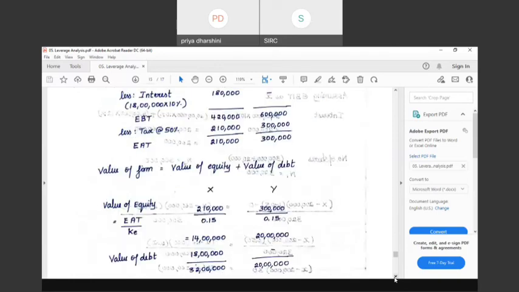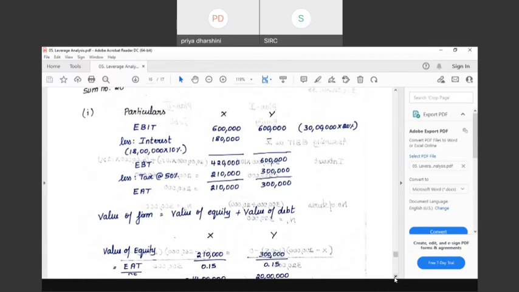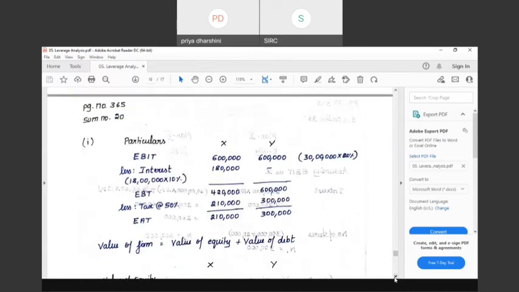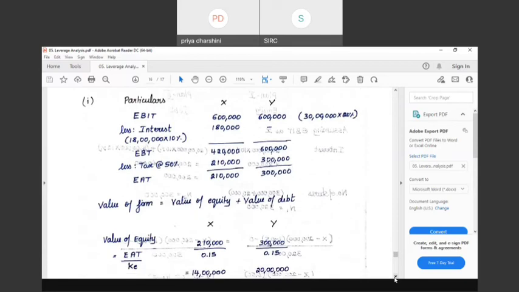Right. Now come to exercise sum number 6. Company X and Y are identical in all respects, including risk factors, except for debt or equity.